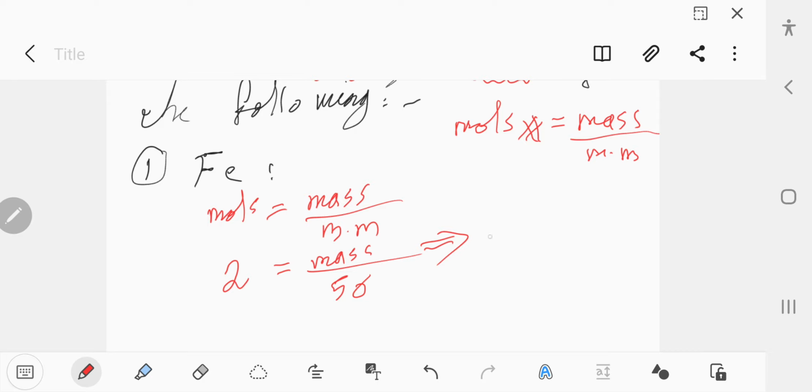So simple math, mass equals 112 gram. This is the mass of 2 moles, which is reasonable, guys, because if the mass of 1 mole is 56, then 2 moles will be 2 times 56, which is 112 grams.